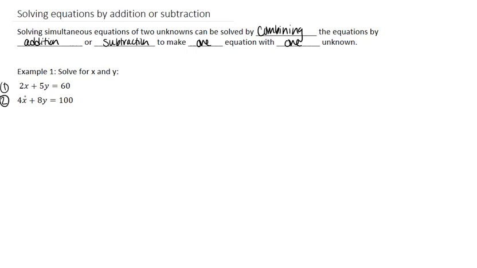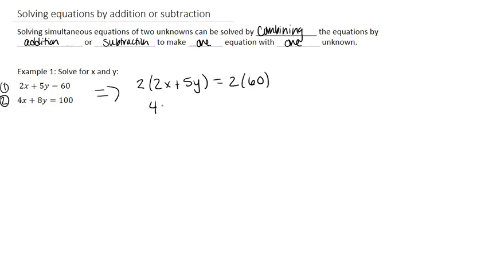So when we look at this, we see we have 2x and 4x. So what I would do first is multiply equation 1 by 2. So you would go 2 times 2x plus 5y, and then 2 times 60, because we multiply both sides by 2.